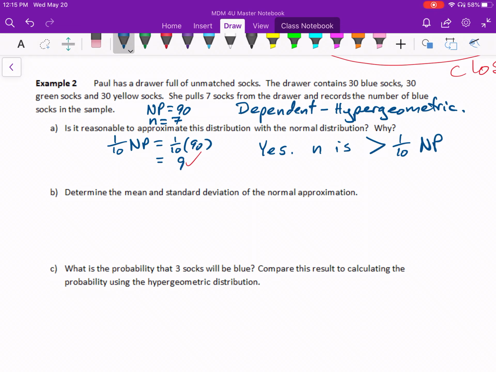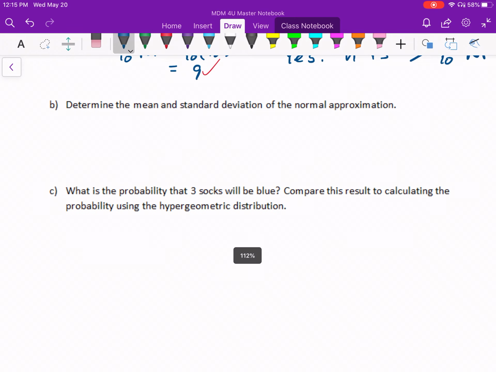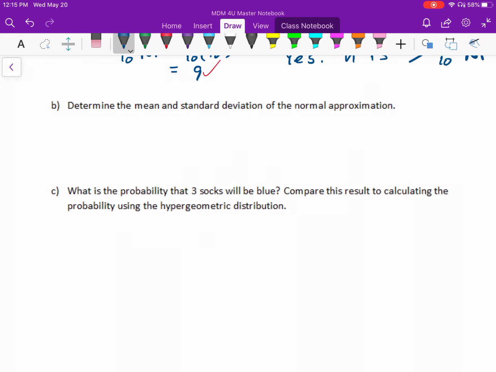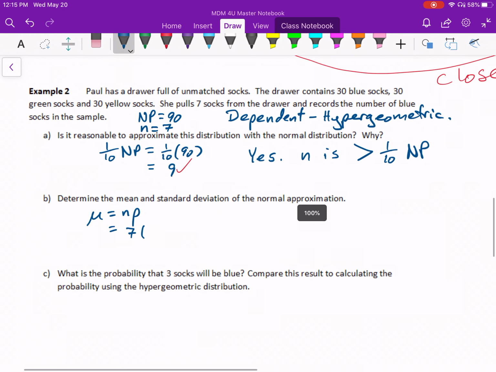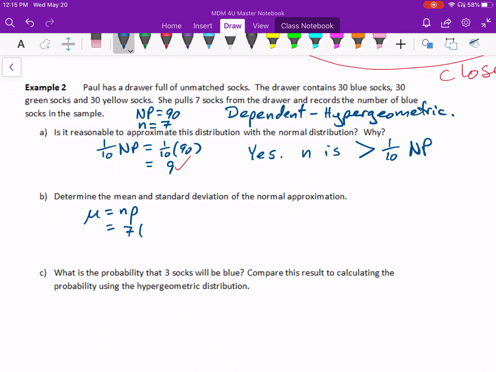Determine the mean and the standard deviation of the normal approximation. Remember, for a hypergeometric situation, mu is again just np. And n was 7. p is, what is p? Oh yes, we're looking at the socks. So there's 1/3 of each different color.